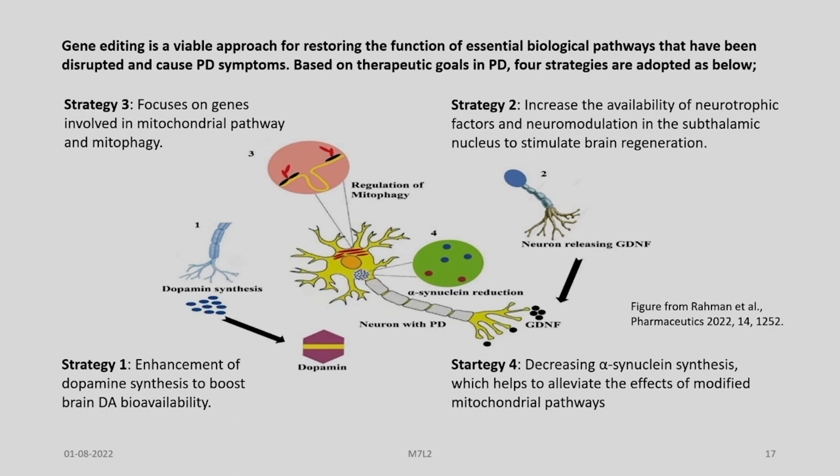Now, all these different strategies would involve different kinds of CRISPR-Cas9 methods. In certain cases, we would like to induce certain mutations. In other cases, we would like to replace DNA fragments or sequences. So, using CRISPR-Cas9, there is a huge potential of developing therapies for Parkinson's disease.